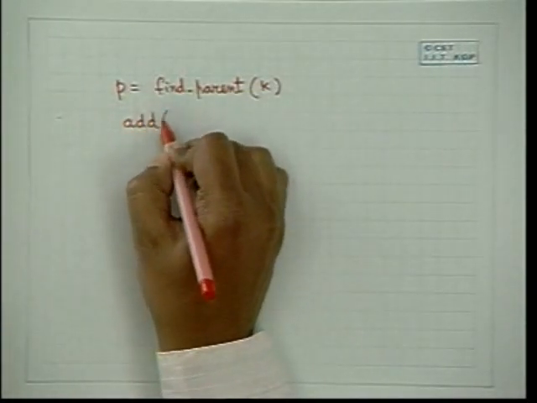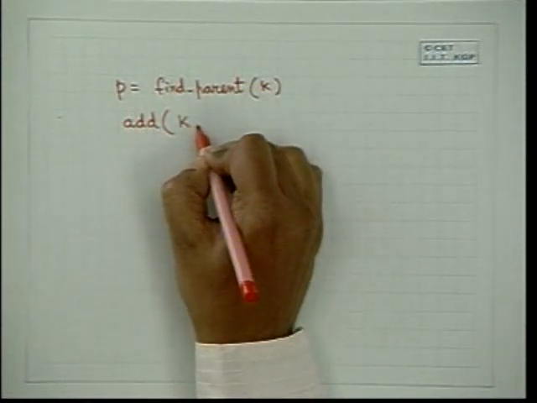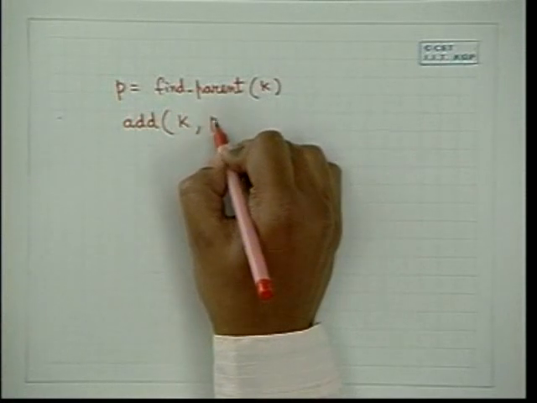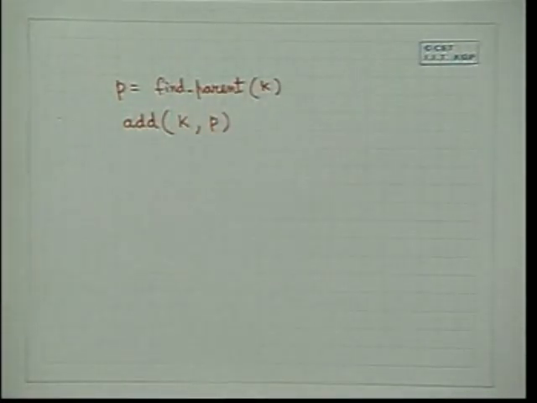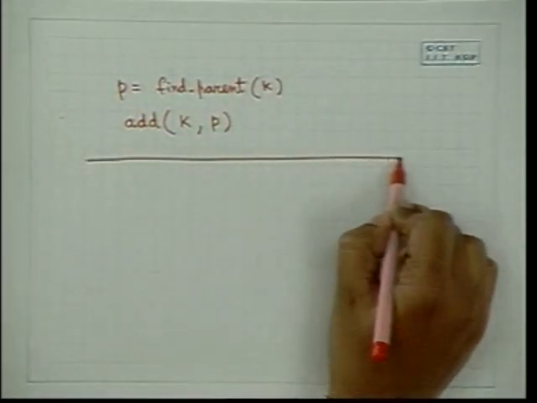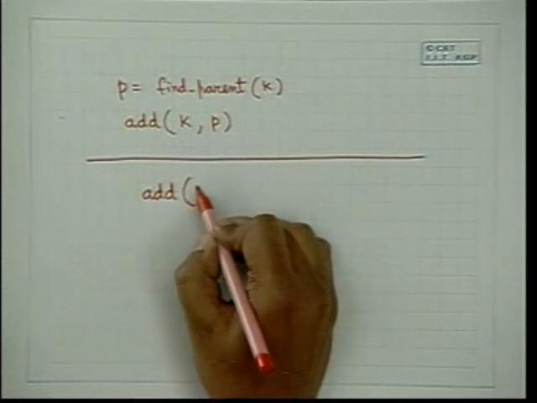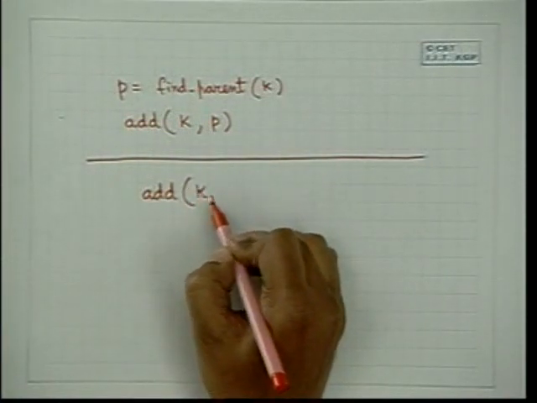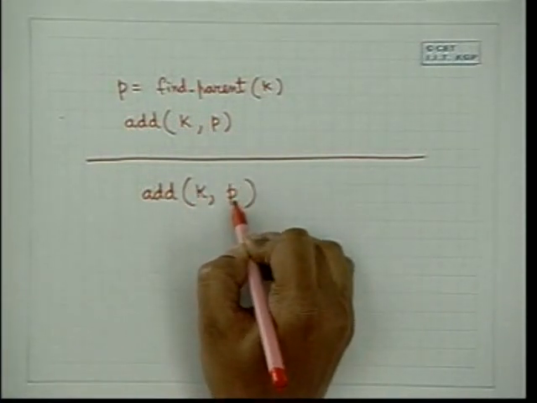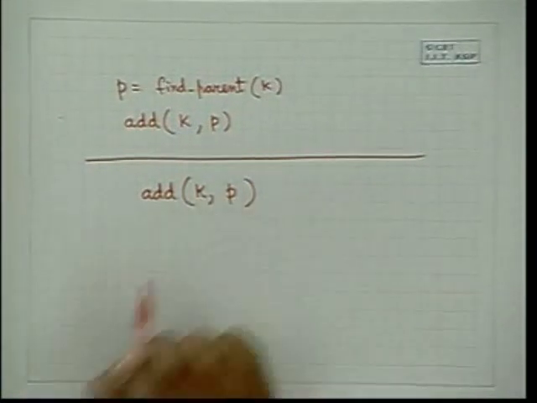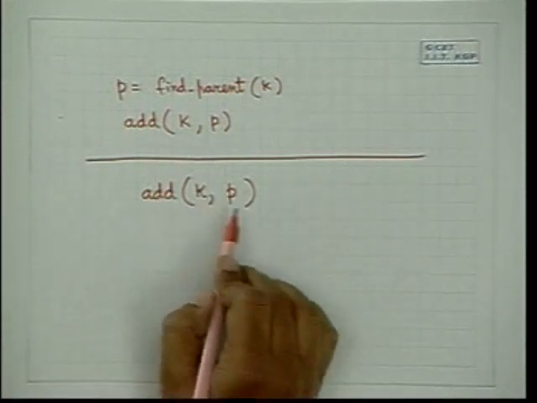Then you will write add this k, which is a pointer to this node, to parent P. This is what you will do. Now come to the add routine, which adds into P, which is a pointer to a node, another node. Let us assume these are 2 pointers, and you are trying to add.